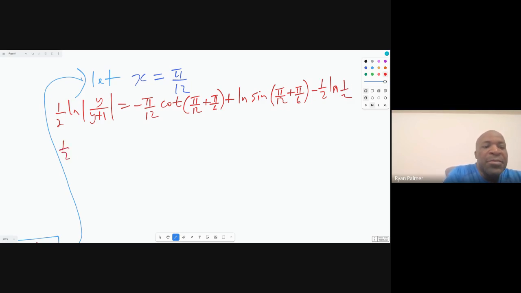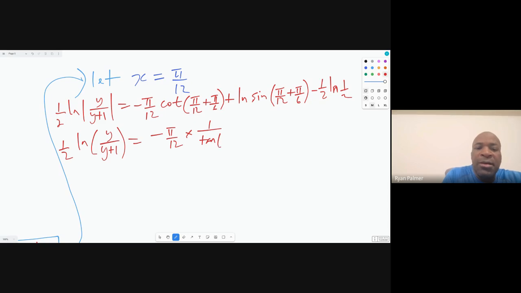So we have half ln y over y plus 1 equal to minus pi by 12 times 1 over tan of pi by 12 plus pi by 6, which is pi by 4, and then plus ln sine pi by 4, minus half ln of a half.